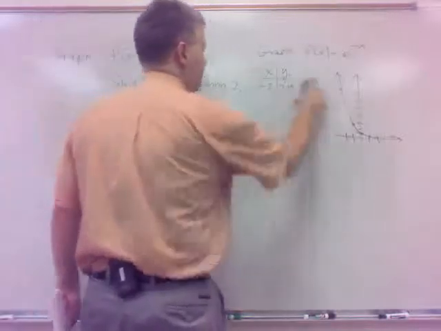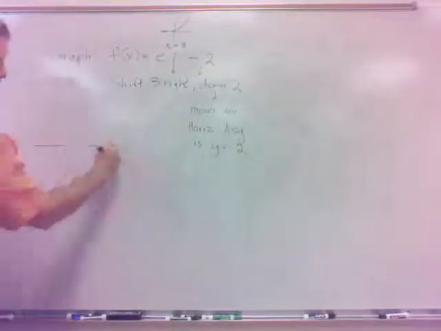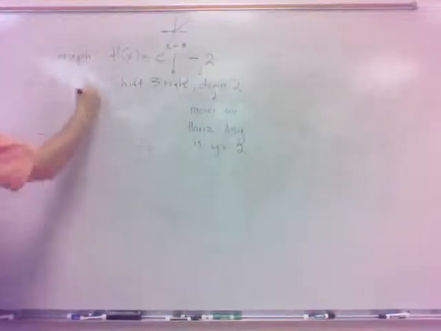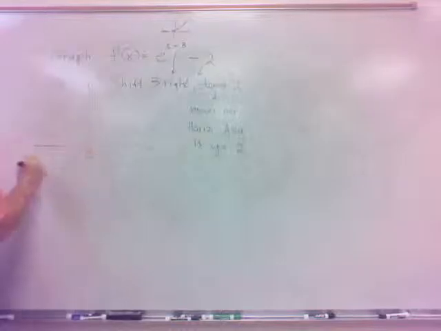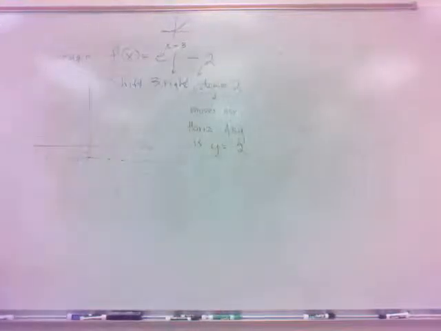Instead of 0, it's now at negative 2, isn't it? Remember, the right or left shift doesn't change that horizontal asymptote, but moving down 2 moves that. Okay, so we should see that.